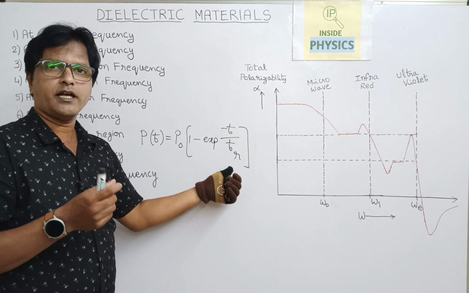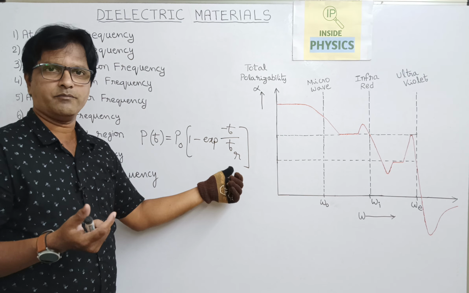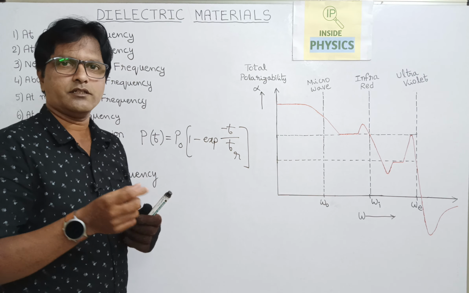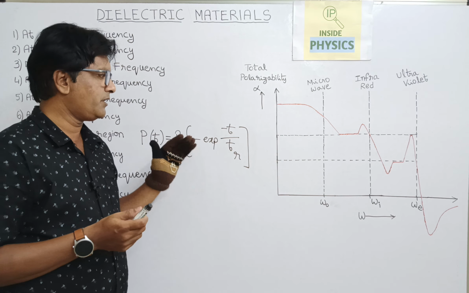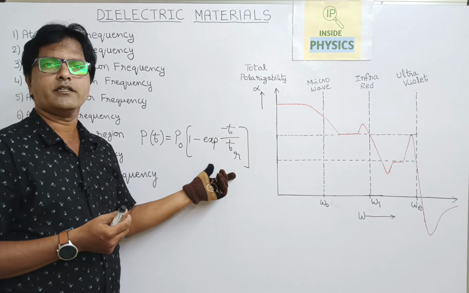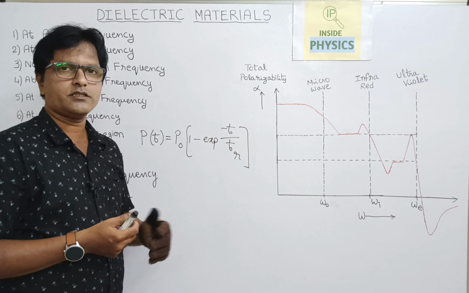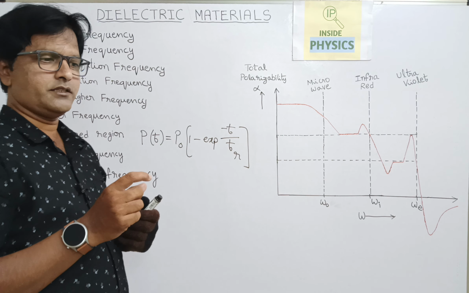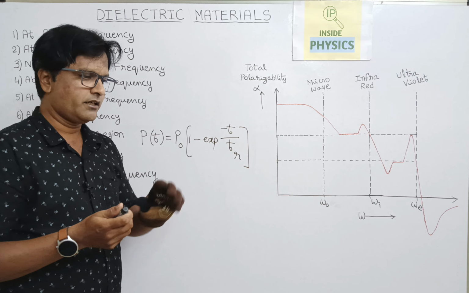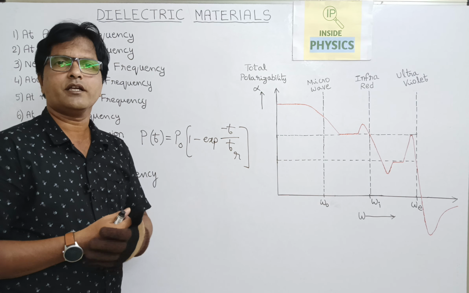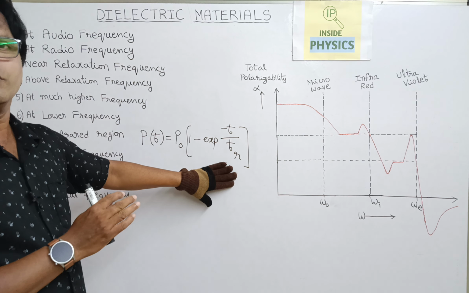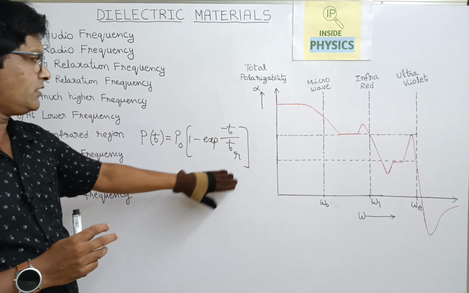Each atom or molecule behaves like a dipole, and it orients itself in the direction of the electric field, which is what we call polarization. In that process each dipole has some time lag in turning into the direction of the electric field. So the average time of all the dipoles is taken as the relaxation time.